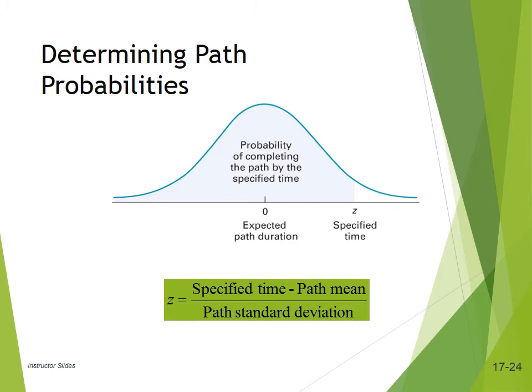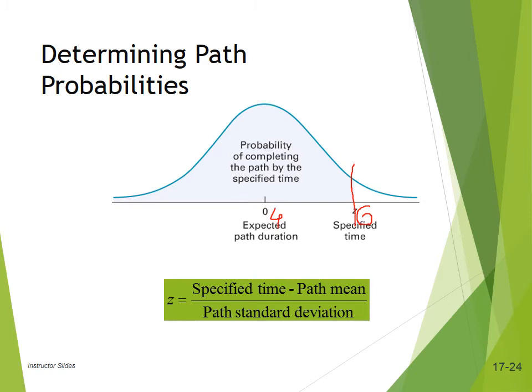So you have a specific time, so mean is 4. So you want to know what is the z-score of that activity duration being 6. Okay, so it would be 6 minus 4 divided by the standard deviation. So that was for an activity.